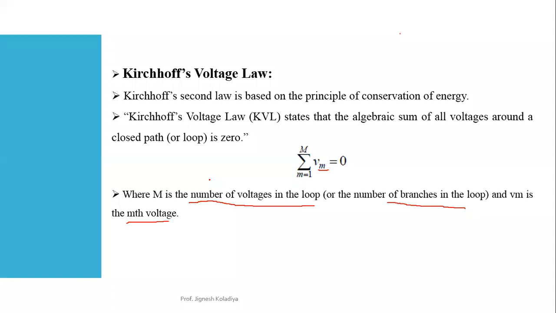So again, let me tell you about KVL. In short, we can say in a lumped circuit, the algebraic sum of branch voltages around the loop is equal to 0.